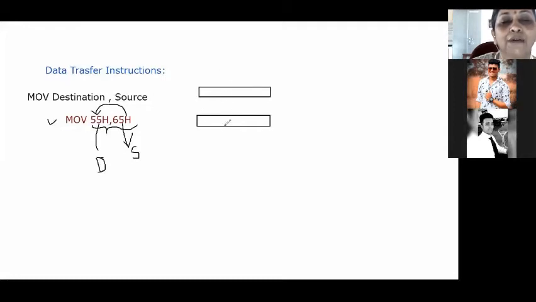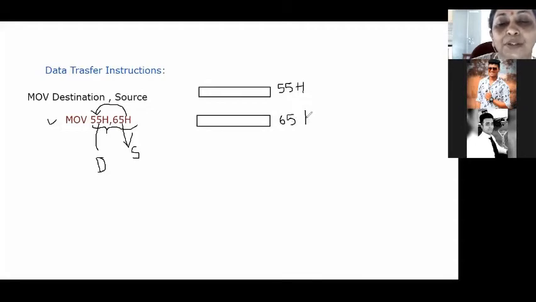So here I have shown two memory locations. Suppose this is 55 hexadecimal and this particular one is 65 hexadecimal.